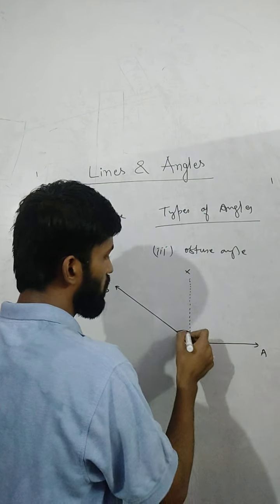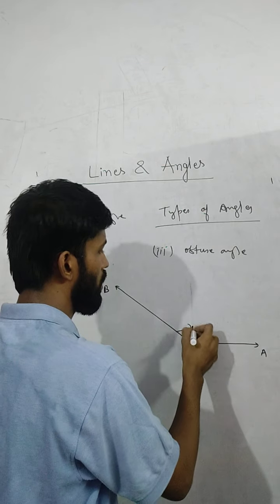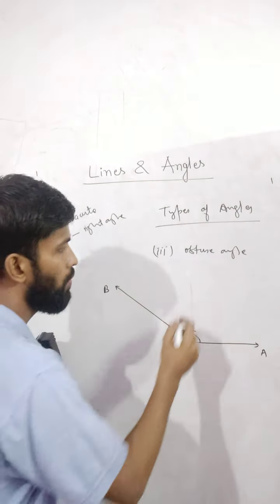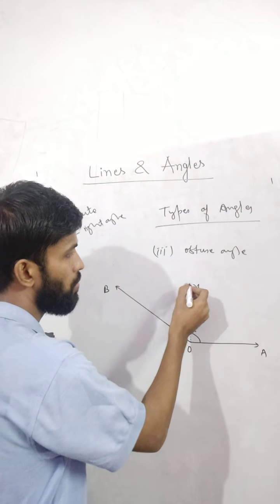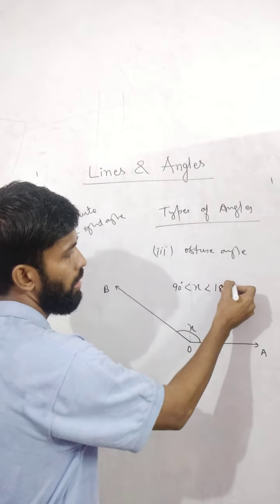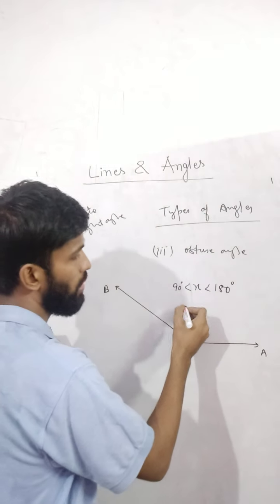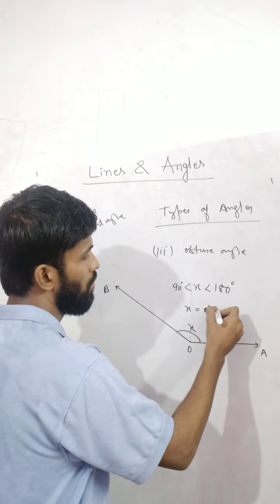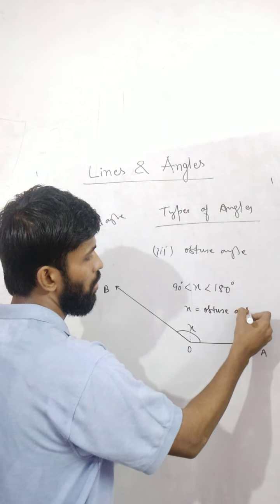If I represent this angle with x, then the condition for an angle to be an obtuse angle is that it should be greater than 90 degree but less than 180 degree. In this case, x is your obtuse angle.